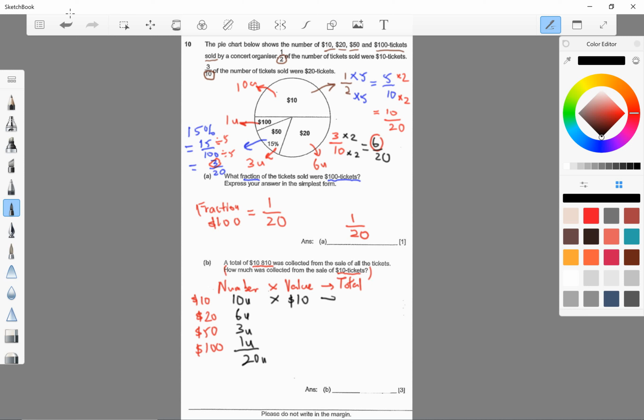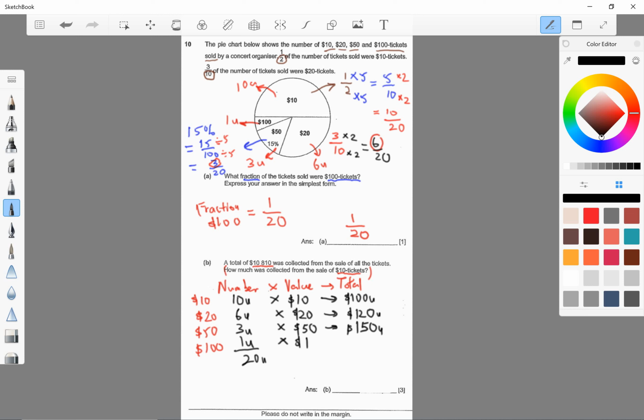In this particular case, it becomes $100 U. 6 units multiplied by $20 will be $120 U. As for the $50, it will be 3 units multiplied by $50, which leads us to $150 U. And of course, we are left with the $100, the largest denomination, but there's only 1 unit of it.